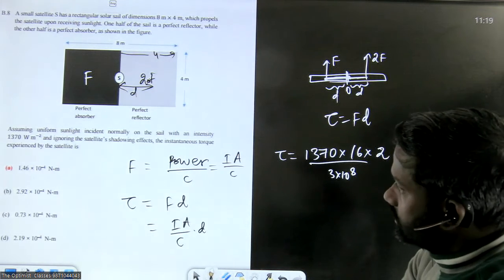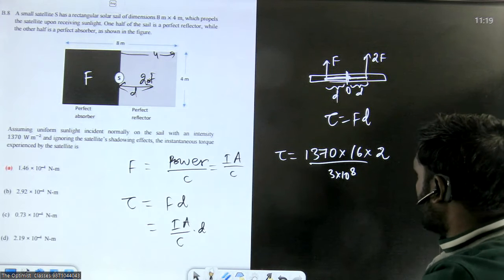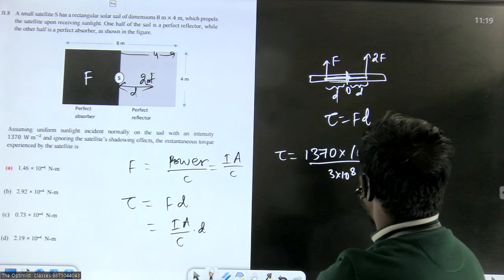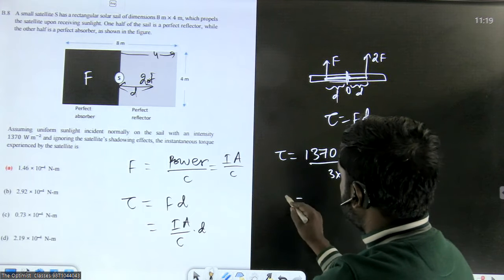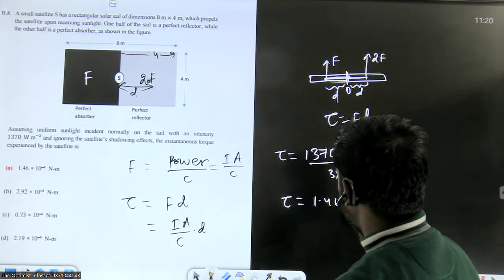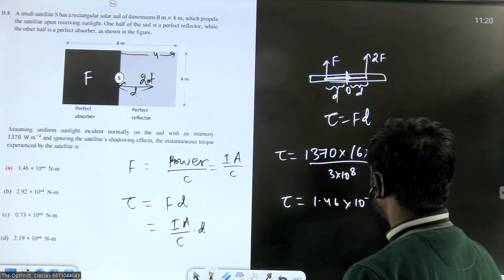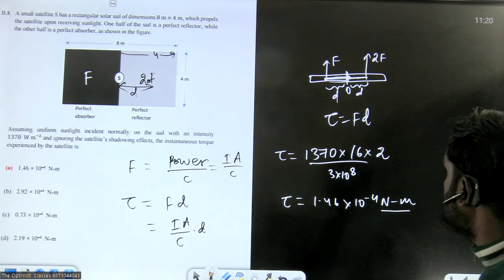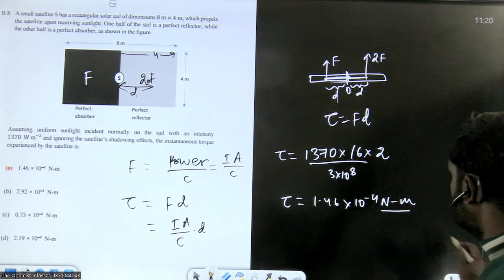So you can calculate this, and you will get the first option. The torque comes out to be 1.46 into 10 to the power minus 4 Newton meter. It exactly comes out to be this much. So that's the answer. You can check the calculation.